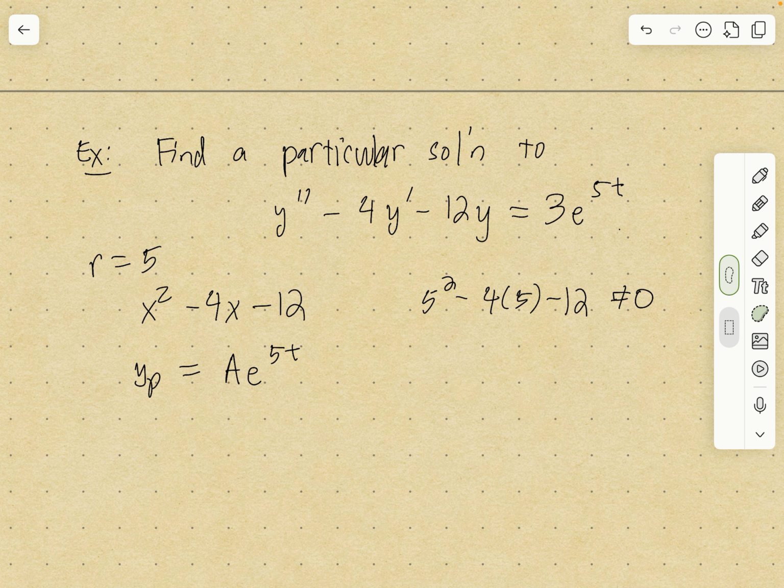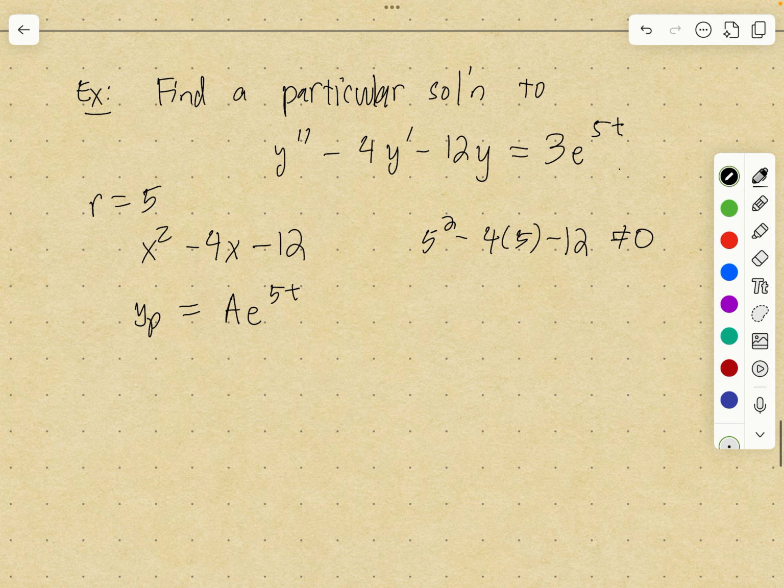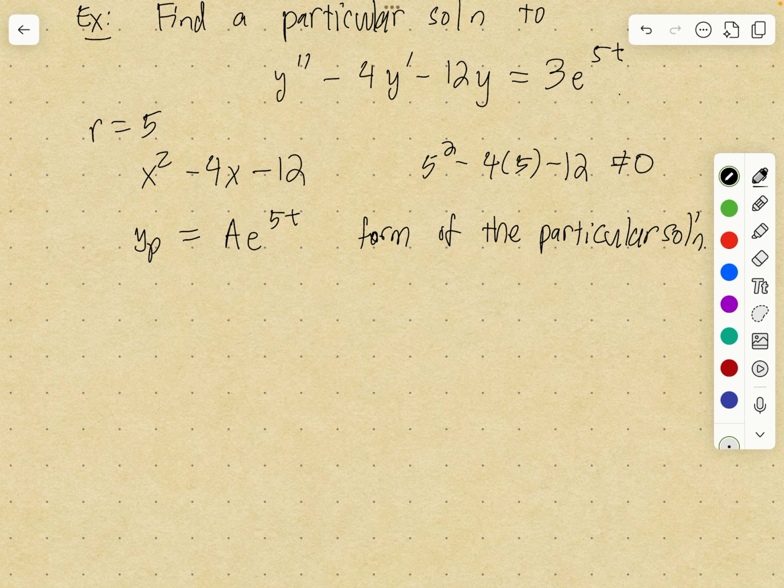The only thing that matters for figuring out what yp will work is the form of the solution, what your r is. Your r is 5, and then how that's related to the polynomial you get. So this is the form of the particular solution, right? It has this form, a e to the 5t.